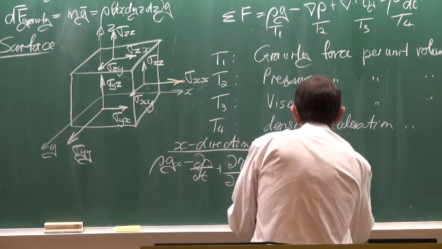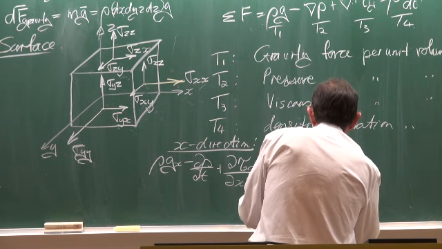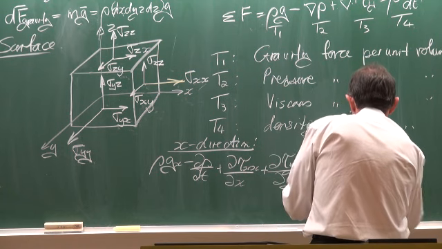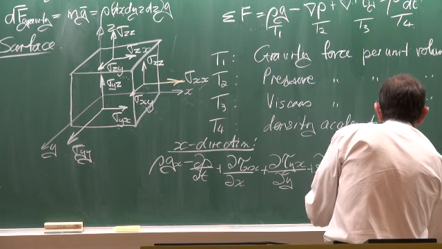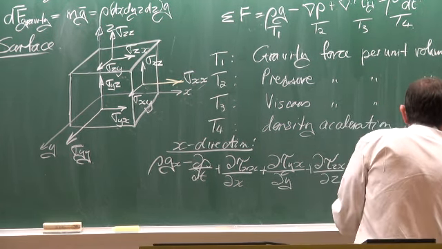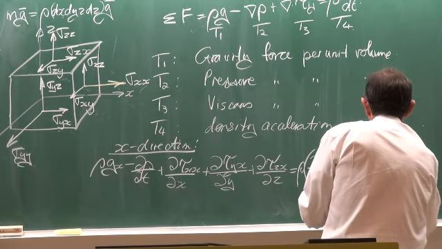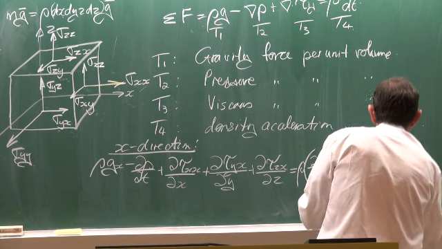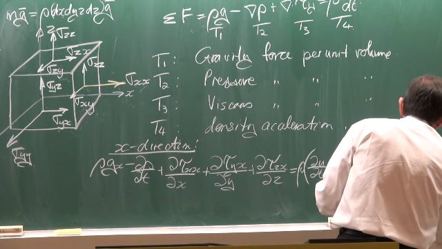Plus partial tau zx partial z is equal to rho multiplied by partial u partial t plus u multiplied by partial u partial x plus v partial u partial y plus w partial u partial z.